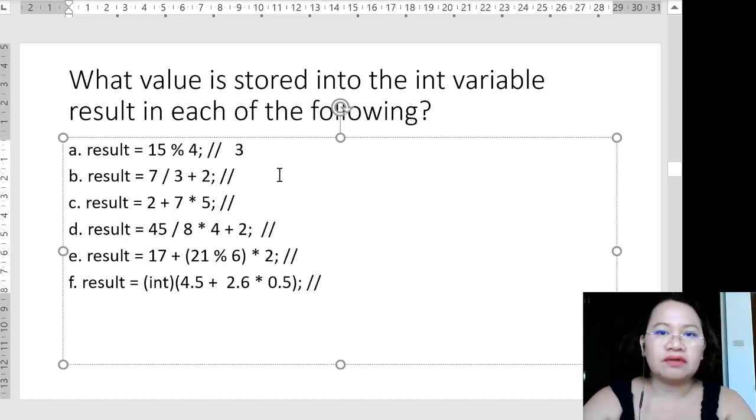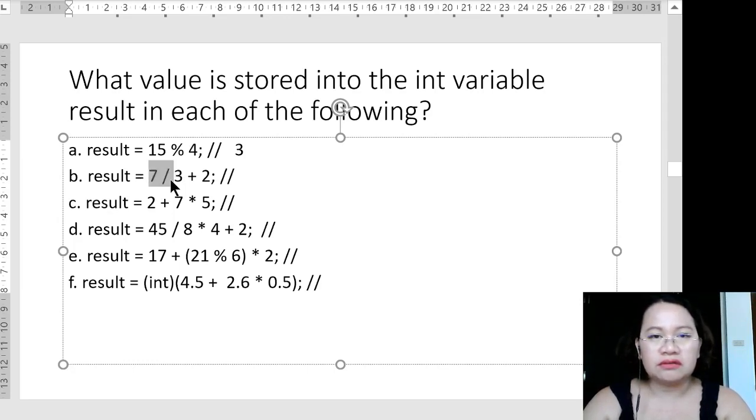But what is 7 divided by 3? Now, of course, that's a very simple number, but what I'm trying to emphasize to you here is that the way the numbers are written, this will be interpreted by Java as both integers.